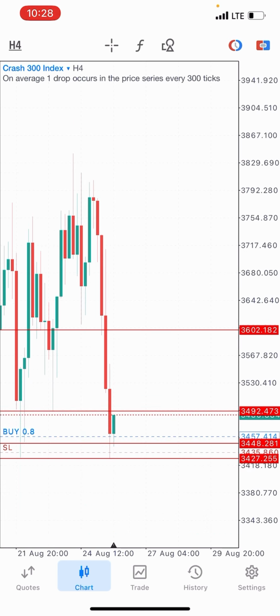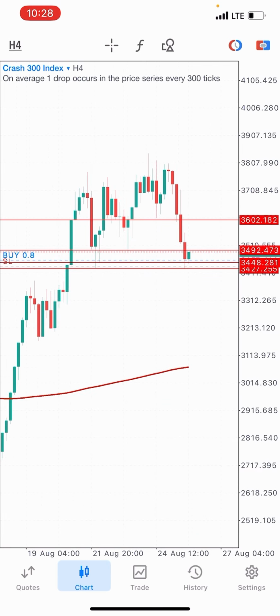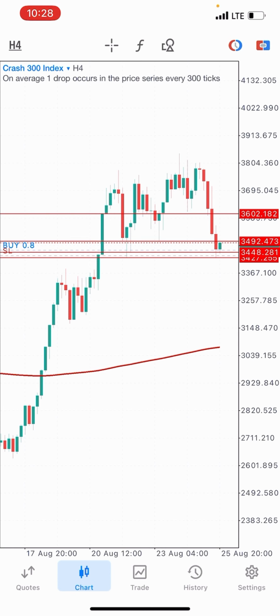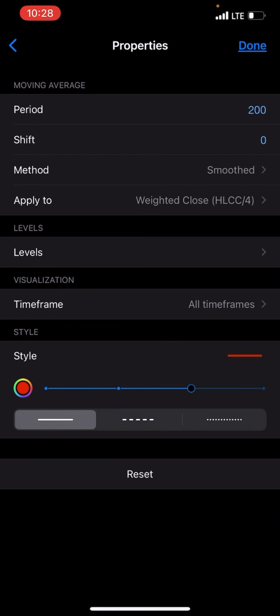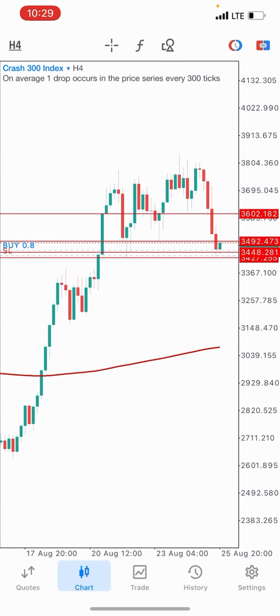The only indicator I'm using here is the MA 200. You can see here we have MA 200. The period is 200, shift is 0, smoothed, applied to weighted close, and that's all.